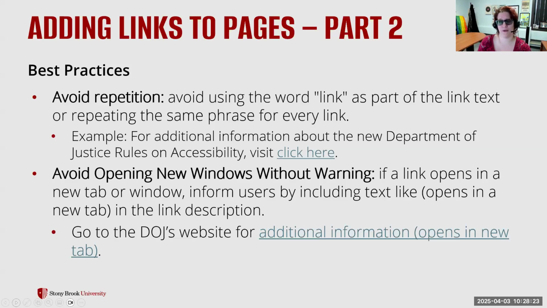And you want to avoid opening new windows without warning. If a link opens in a new tab or window, you want to inform users by including text like opens in a new tab or opens in new window as part of your link if you are setting your links to direct someone outside, because that can impact both users who are strictly navigating via keyboard and also screen reader users.